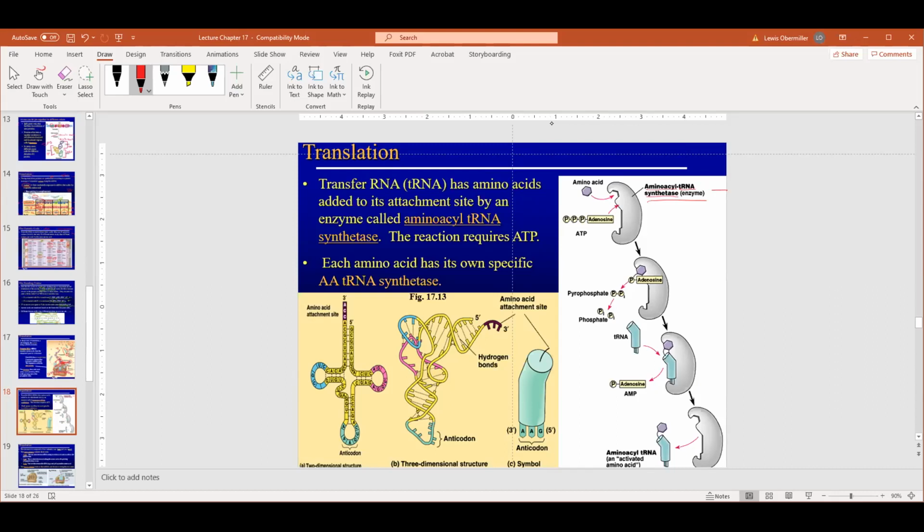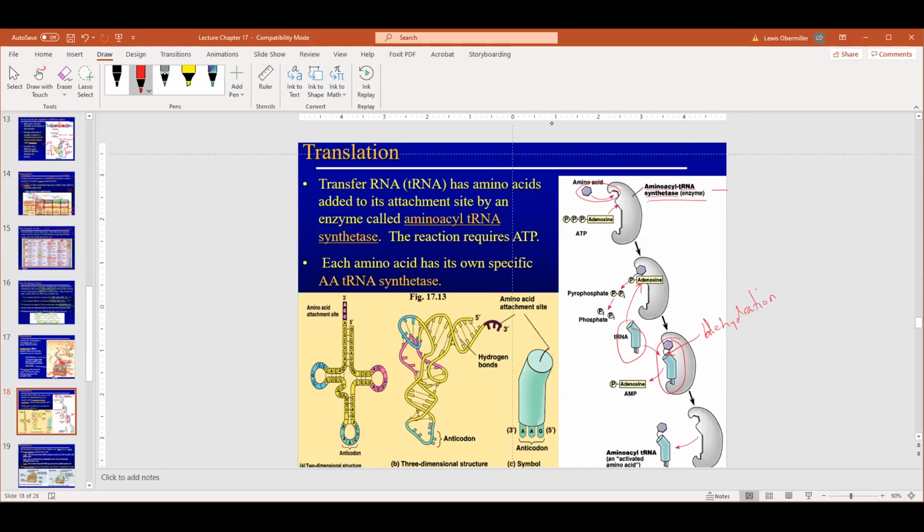So it's going to create an amino acid linked to a tRNA. And this is what it looks like. The amino acid goes into this site. The uncharged tRNA goes into this site. They get linked together. This reaction is dehydration.